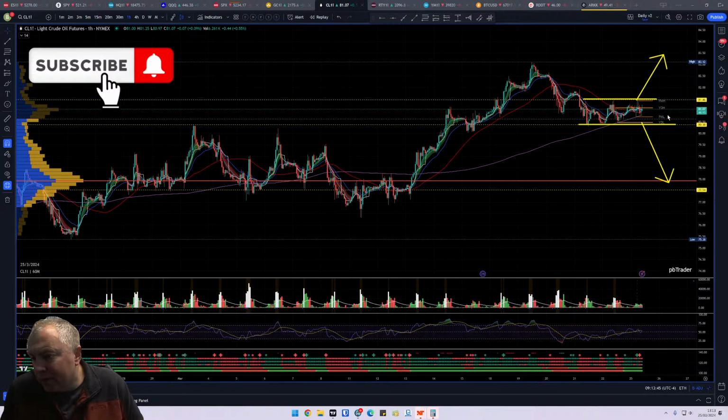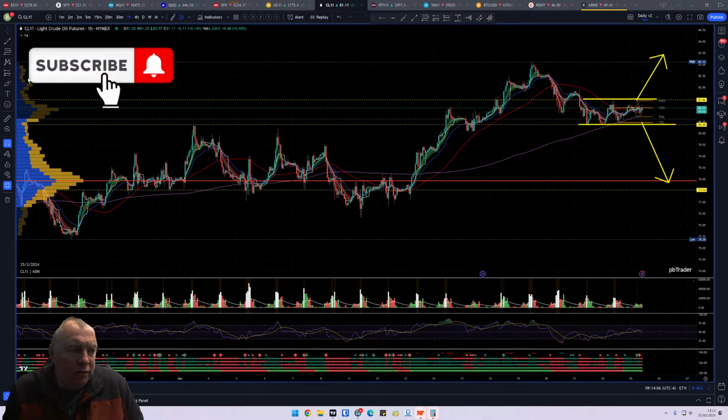So if we can get back down to 80.50 to 80, we can look for a potential bounce off the trend line down here, or we can look for a break and retest of 81.46, 81.50, with a target.